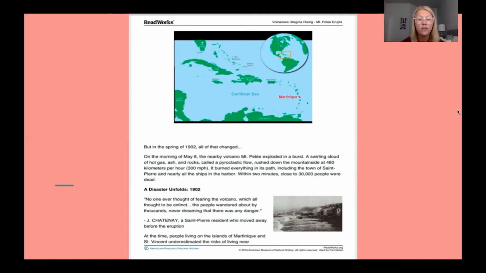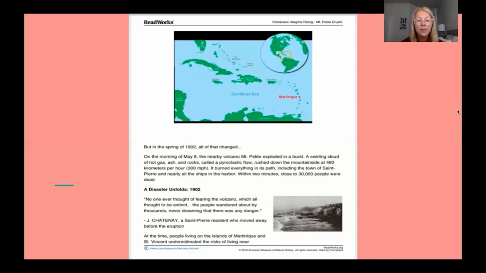A disaster unfolds, 1902. No one ever thought of fearing the volcano, which all thought to be extinct. The people wandered about by thousands, never dreaming there was any danger. And that comes from J. Chatney, a St. Pierre resident who moved away before the eruption.